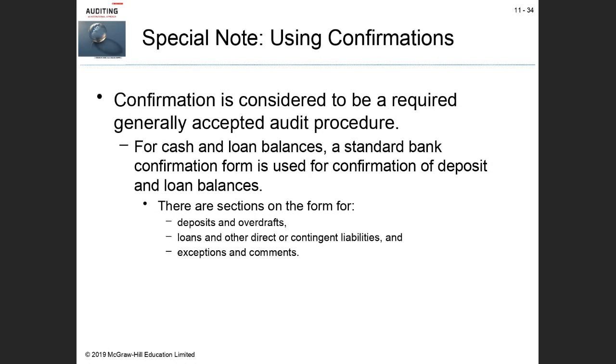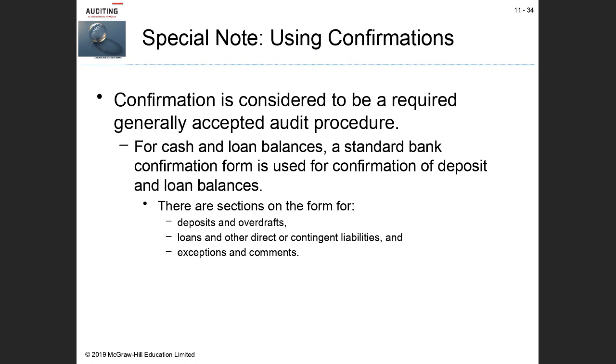But there's a lot of other information given in the bank confirmation as well. Corporate guarantees, for example, where a parent company has guaranteed the bank debt of a subsidiary, are disclosed on the form as well. It's also disclosed if your client has pledged accounts receivable and usually inventory as security for the bank line of credit advanced to your customer.